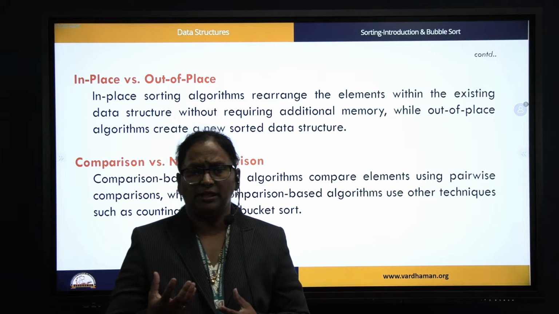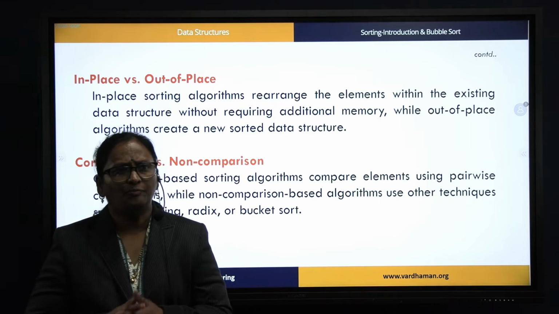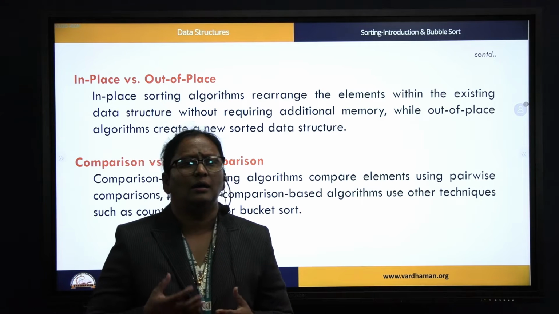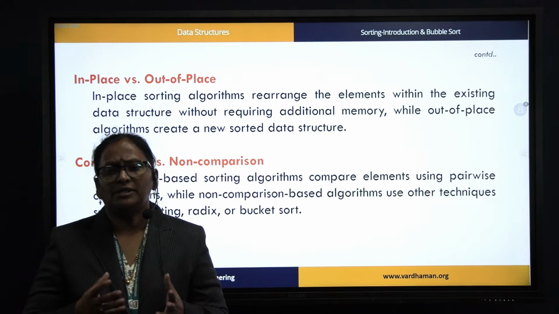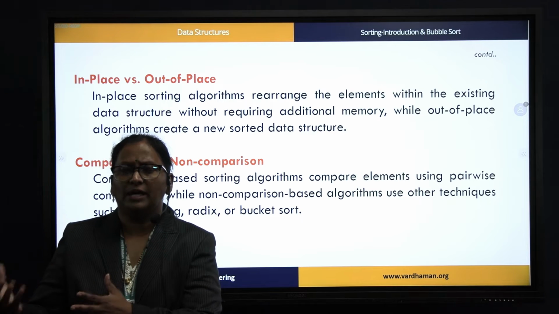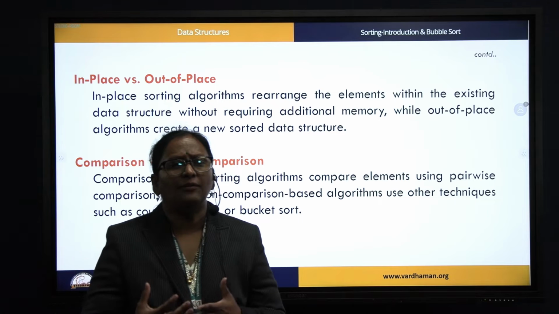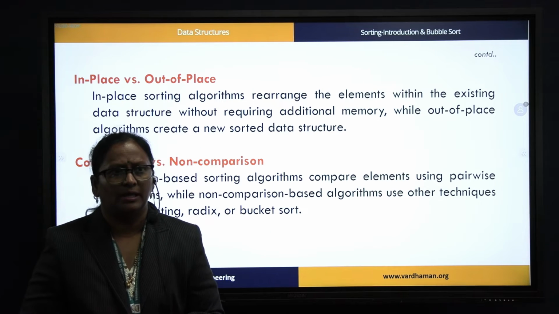Everything is done in the single array. In case of out of place, we have to create another data structure where the elements are sorted and finally we get it. Like, we need extra memory space apart from the input array, that is out of place.